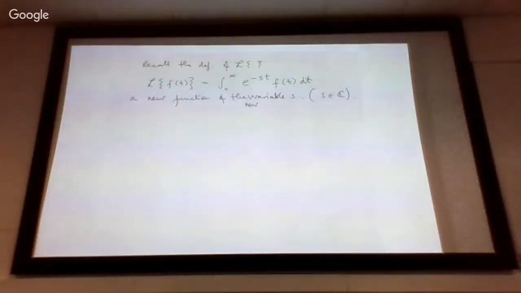And this is why we attach the word transform to it. A transform in mathematics is just a particular word used for it. A transform in analysis or calculus normally indicates this process where you take a function of a certain variable and you get out a new function of a new variable, such as like this.